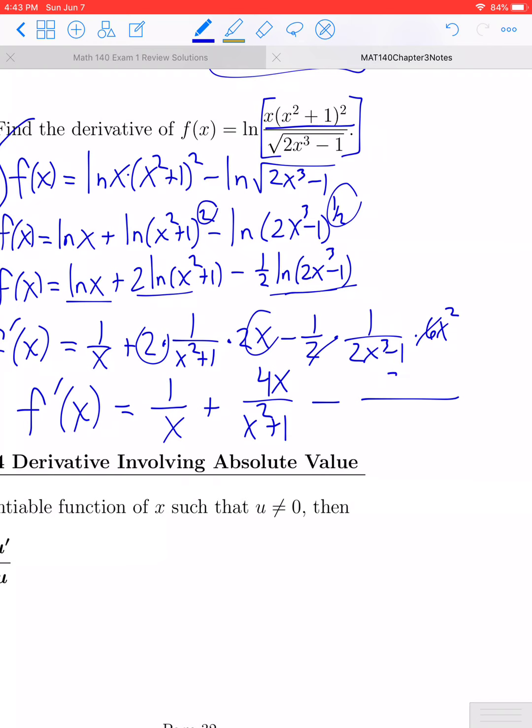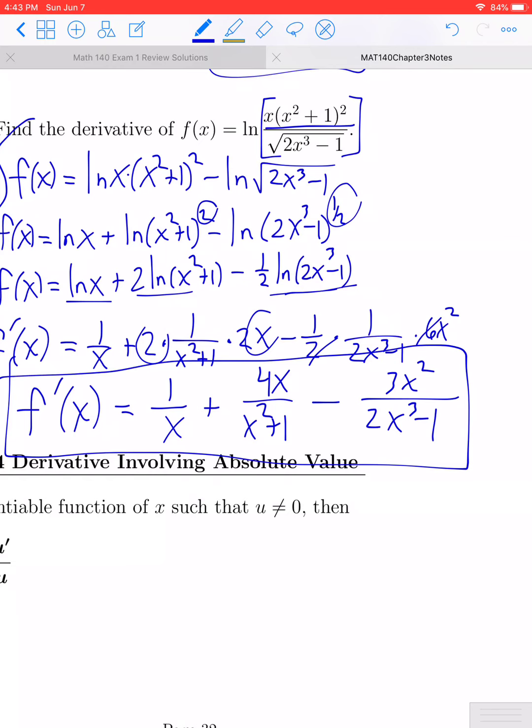Half of 6 is 3, so we have 3x squared all over 2x cubed minus 1, and we'll leave it just like this. So common theme, we've seen it again and again. If you're able to rewrite the function, whether using properties of algebra, properties of logarithms, or trigonometric identities, rewrite it first in a way that makes the calculus step much, much easier.